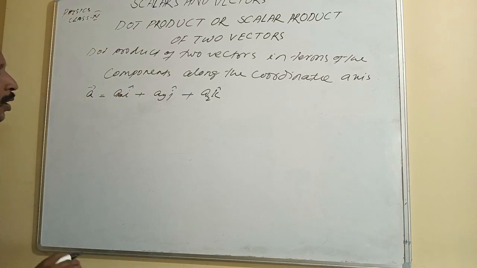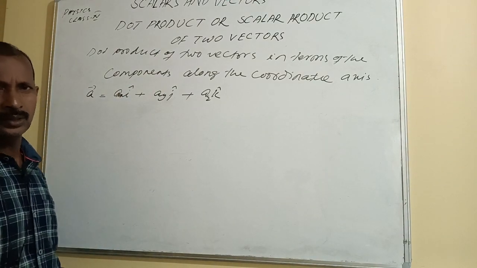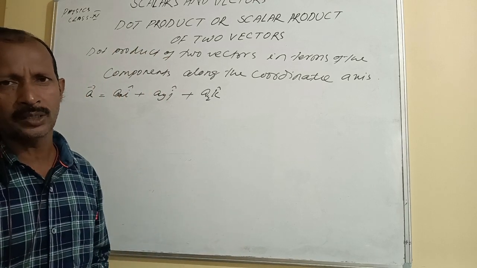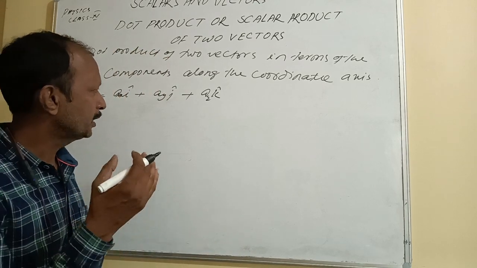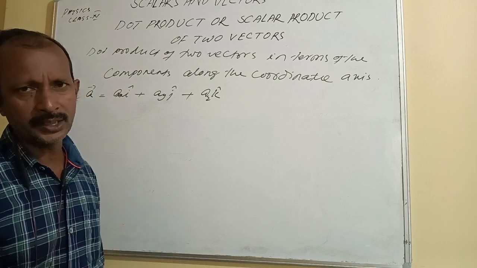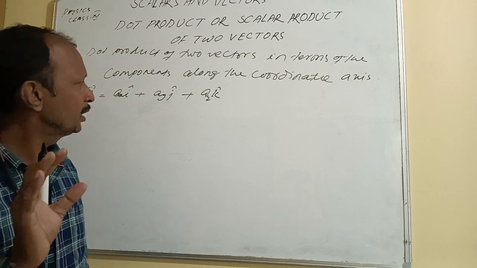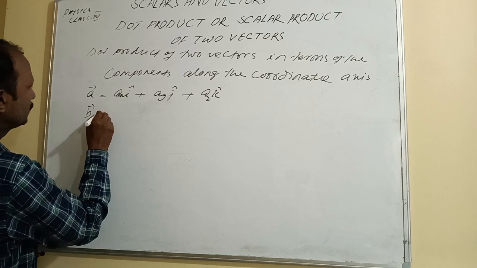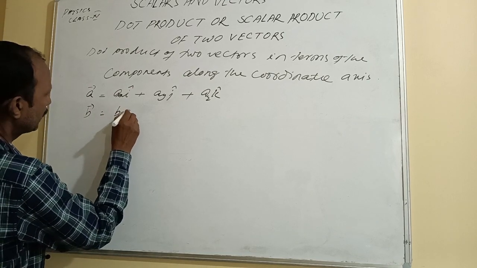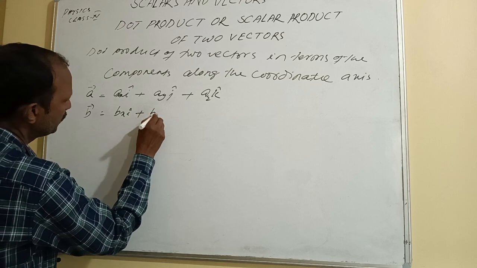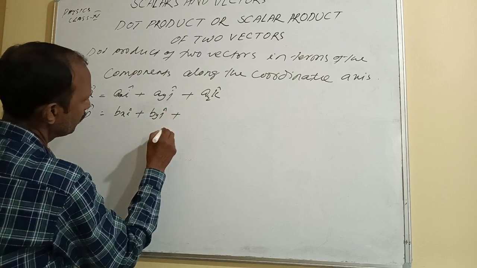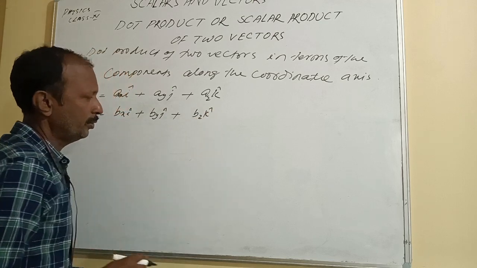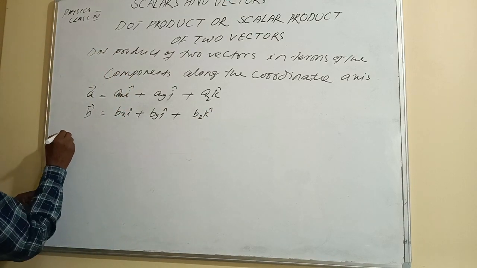In all cases where I mention i, j, k, these are unit vectors for direction. So at all times caps or hats are there, whether I mention them or not. Suppose the second vector B is equal to Bx i cap plus By j cap plus Bz k cap.